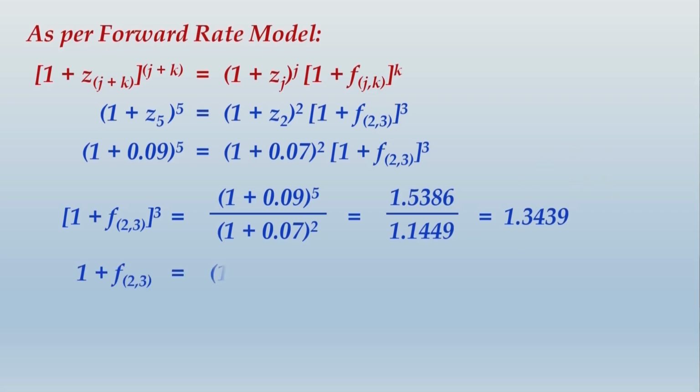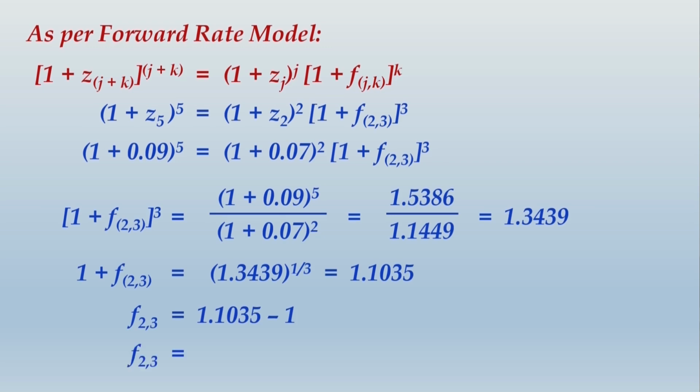So the cube root of 1.3439 comes to 1.1035. So to compute F2,3, just subtract 1 from the factor, and what you get is 10.35%. So if you haven't written the solution, please write down the solution systematically and then we move ahead.